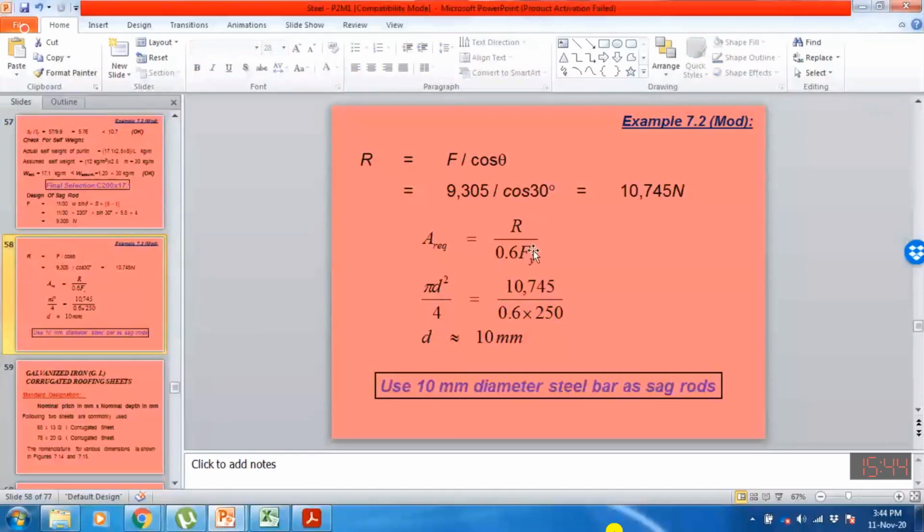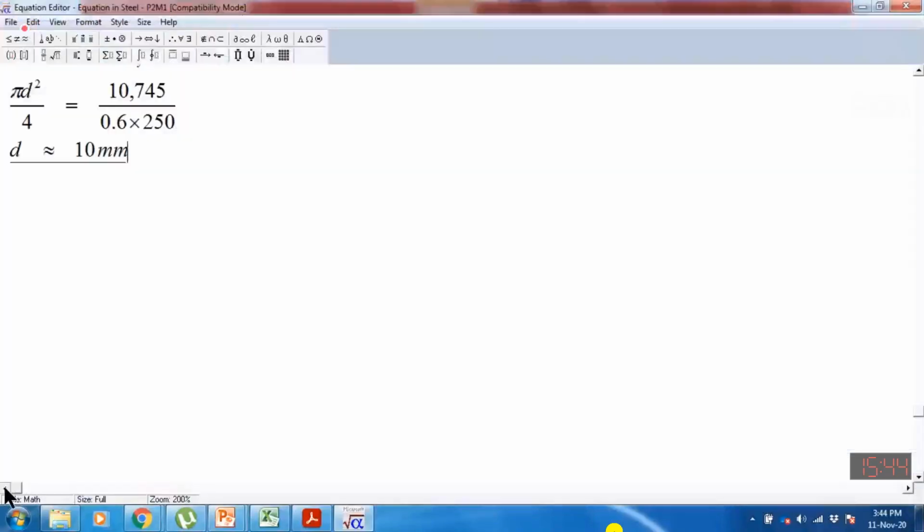So here we are assuming that in the allowable stress design, in the sag rod we are having tensile force.